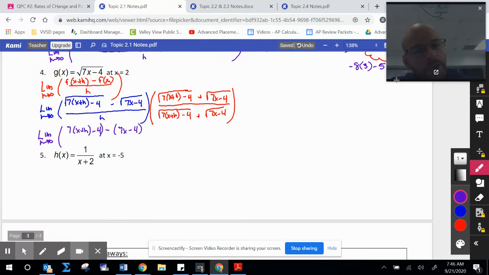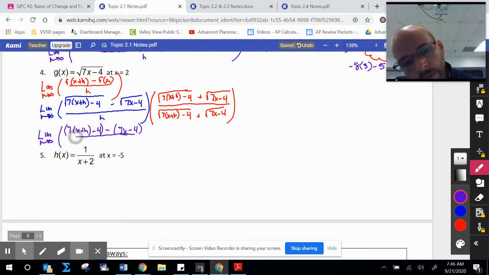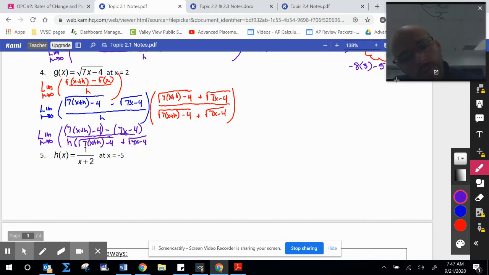It's going to be the first expression without the radical minus the second expression without the radical, because you just get each term squared. Don't forget about that lonely h from the first denominator. And then on the bottom, I have the square root of 7 times (x plus h) minus 4 plus the square root of 7x minus 4.